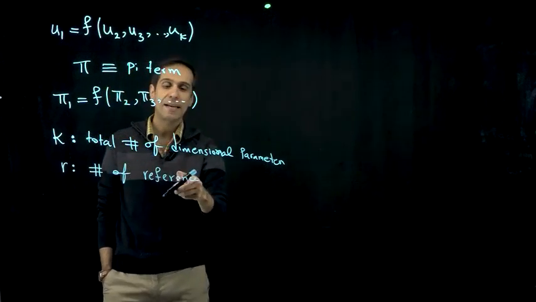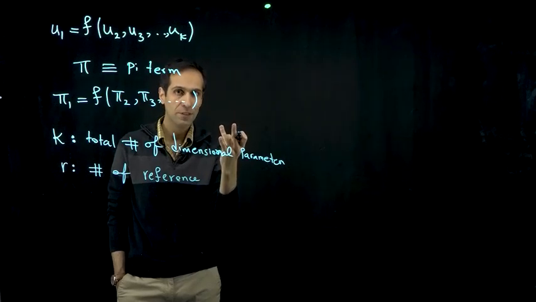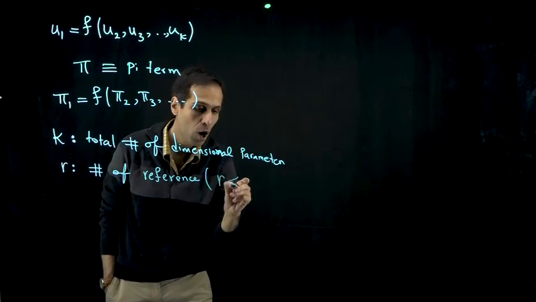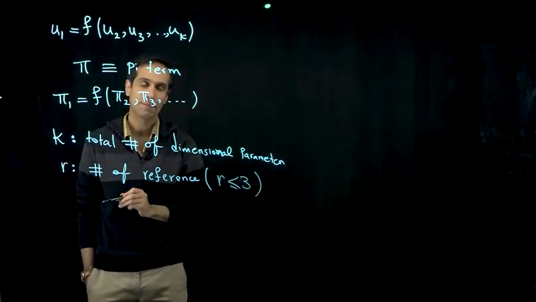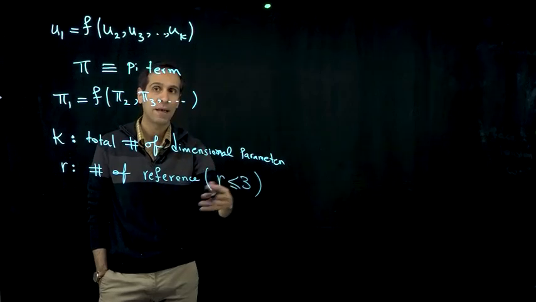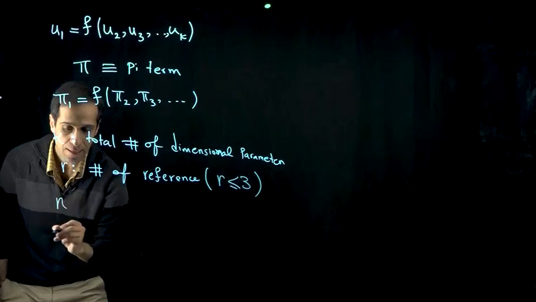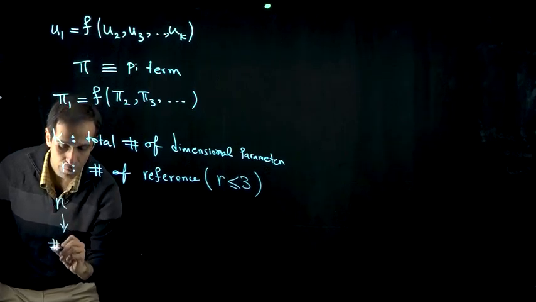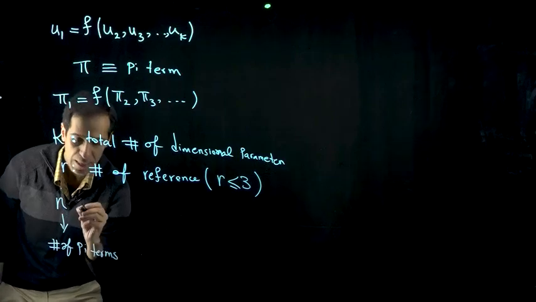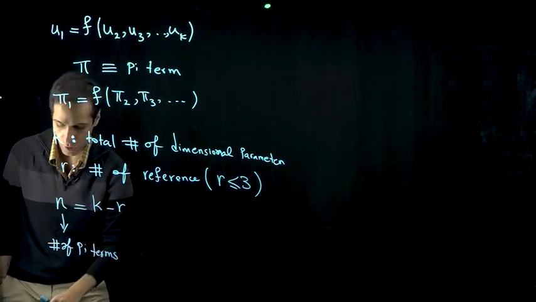So remember, the reference can be geometrical or flow parameter or fluid parameter. Therefore, in our study, R should be at most 3, if we have all geometrical, fluid parameters and flow parameters. Therefore, N, which is the number of pi terms, is going to be k minus R.